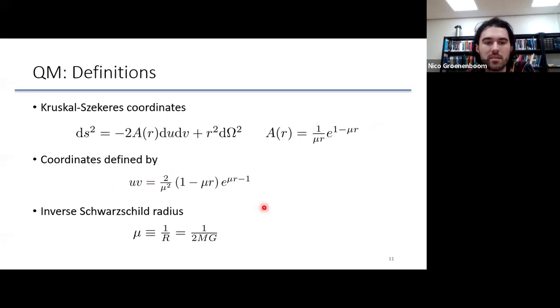The coordinates are defined in a slightly different convention to have some easier numerical constants in the end. So there's a numerical rescaling. And in here, the inverse Schwarzschild radius mu has been defined, being 1 over R, because we'll see that this mu will keep coming back as an effective mass parameter. So it's useful to define it separately.